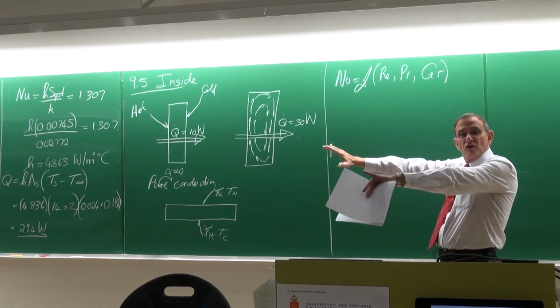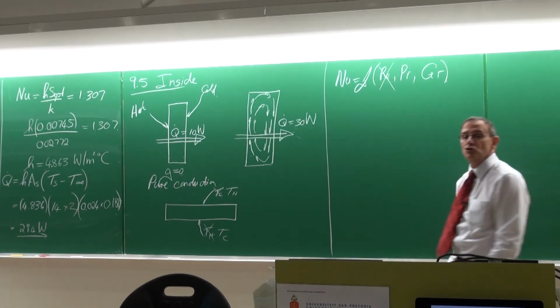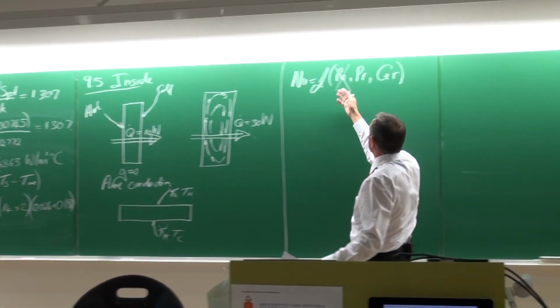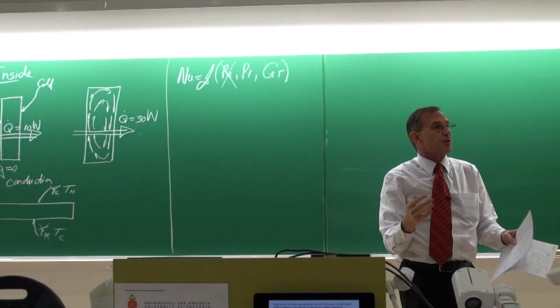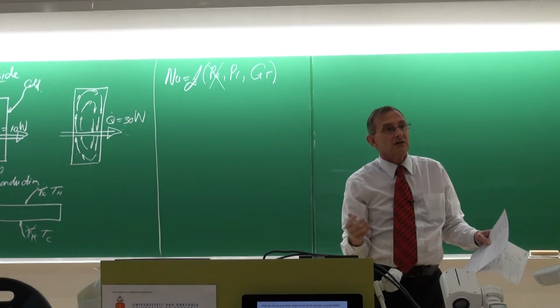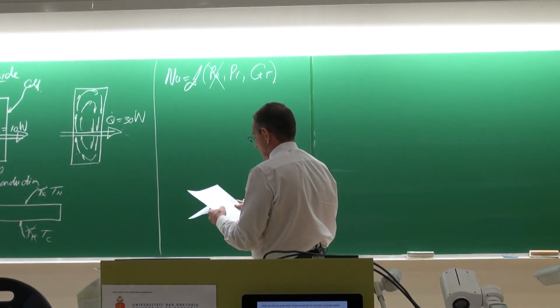But with these types of problems in chapter 9, in most cases we ignore the Reynolds number. The velocities are very, very low. So therefore you need to get a correlation of the Nusselt number as a function of Prandtl and Grashof number, or then as a function of Rayleigh number. And many, many examples are given there in your textbook.